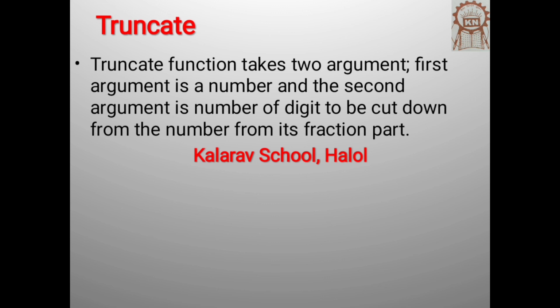Next, truncate. The truncate function takes two arguments. The first argument is a number and the second argument is the number of digits to be cut down from the number. The truncate function chops off the fractional part of a given number, leaving some digits after the decimal point if specified.